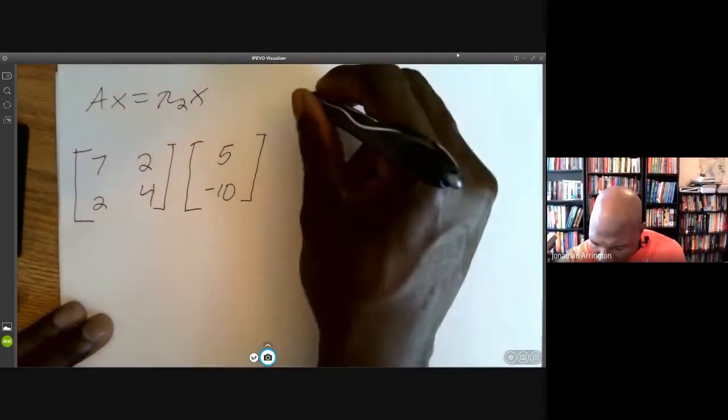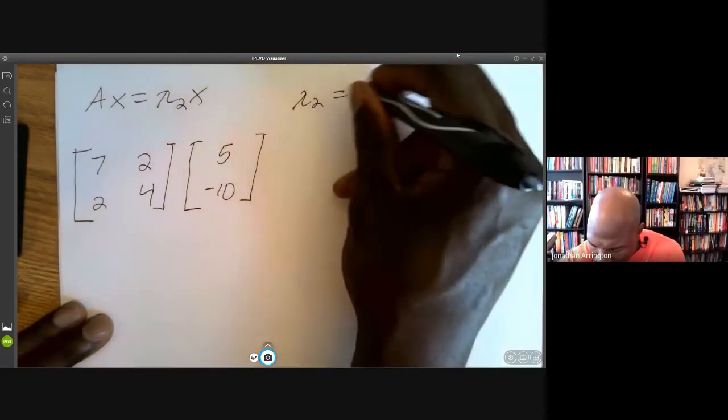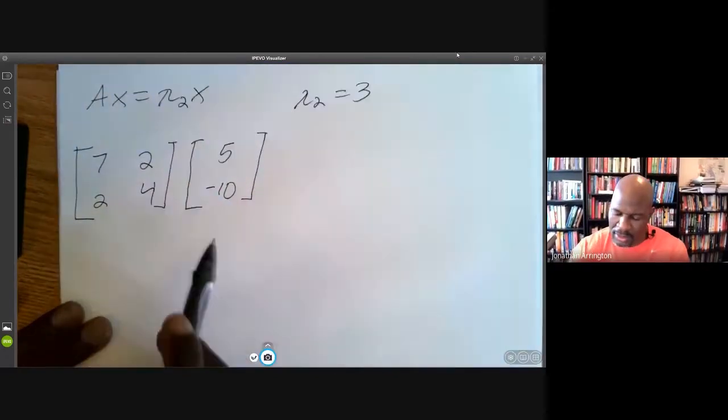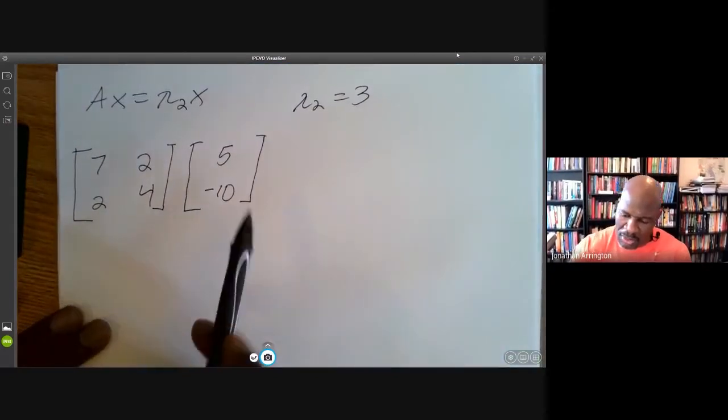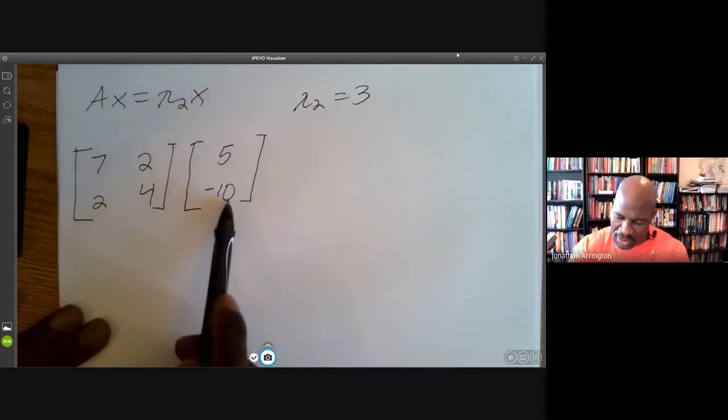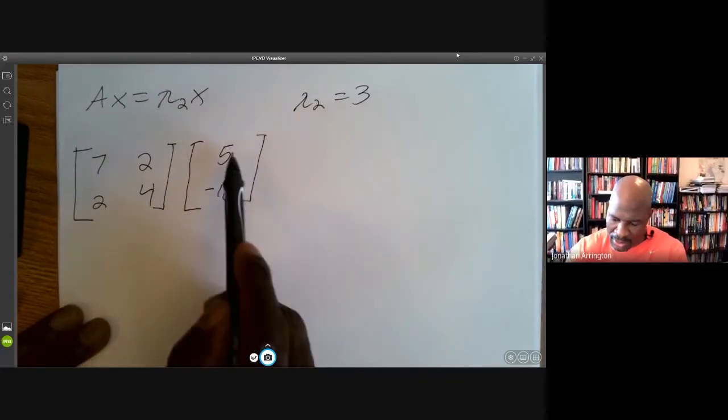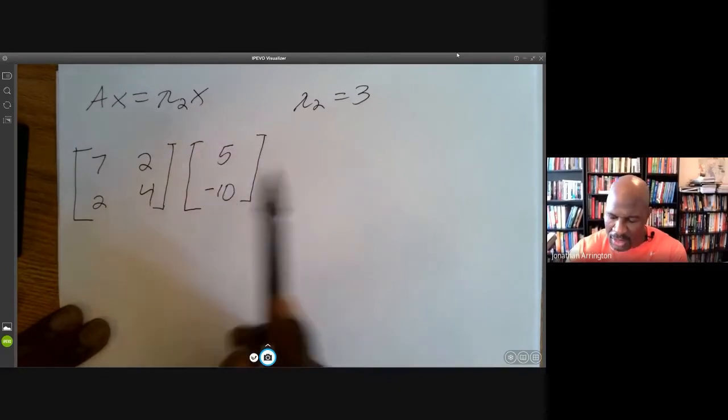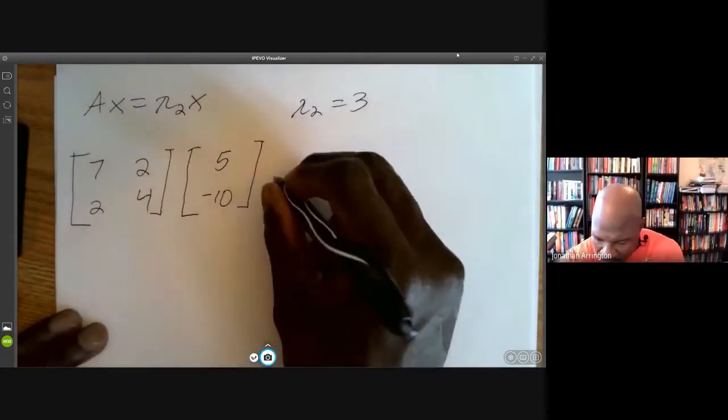And lambda 2 here was 3, right? So we can just look at what we expect this answer to be. We expect the answer to be 15, negative 30, because that's lambda 2 times both these. So let's see if that happens.